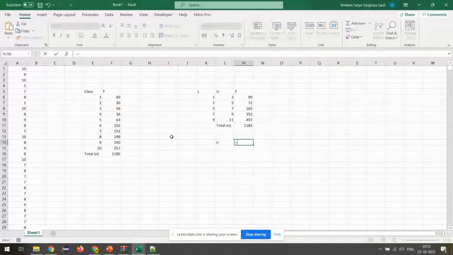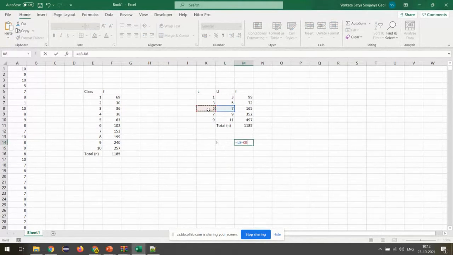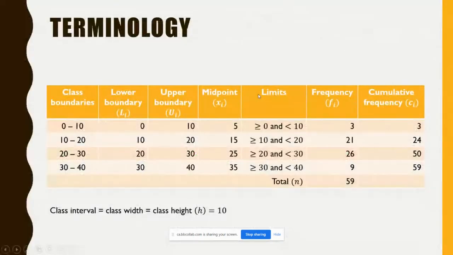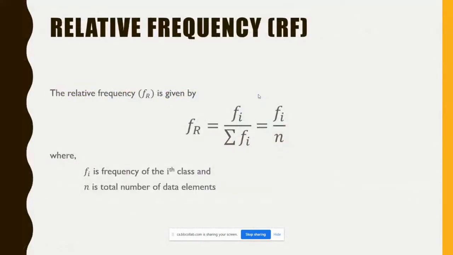In this case, H is equal to the upper boundary minus the lower boundary, which is 2. This 2 is common for all the classes. So the difference between 3 and 1, between 7 and 5, between 11 and 9, all is 2. So we take it like this.